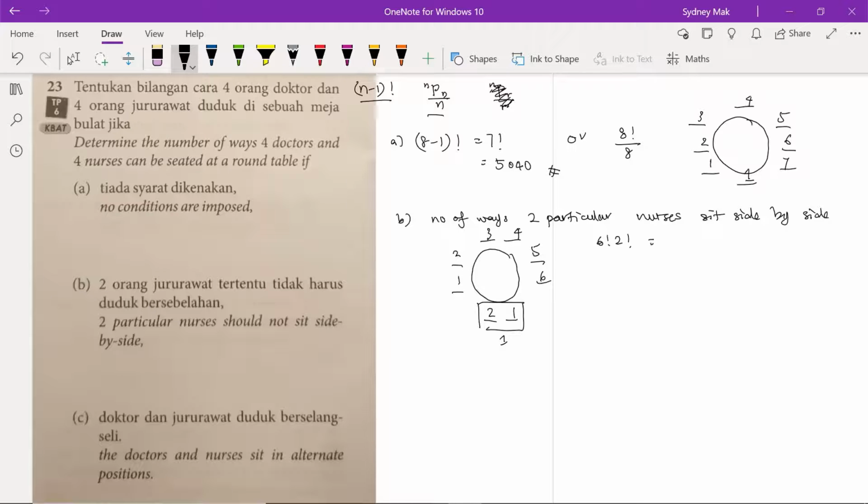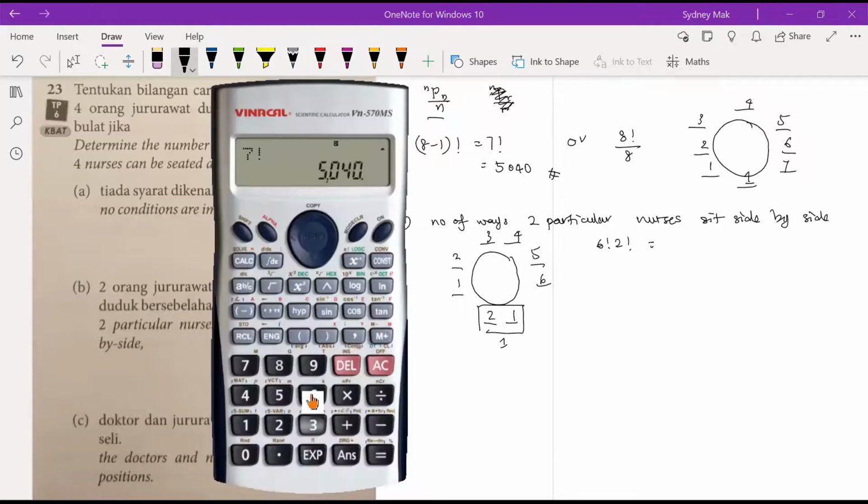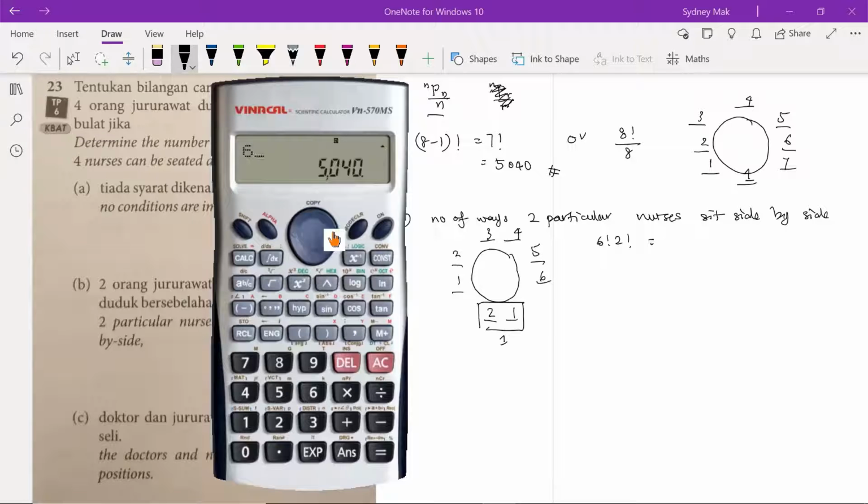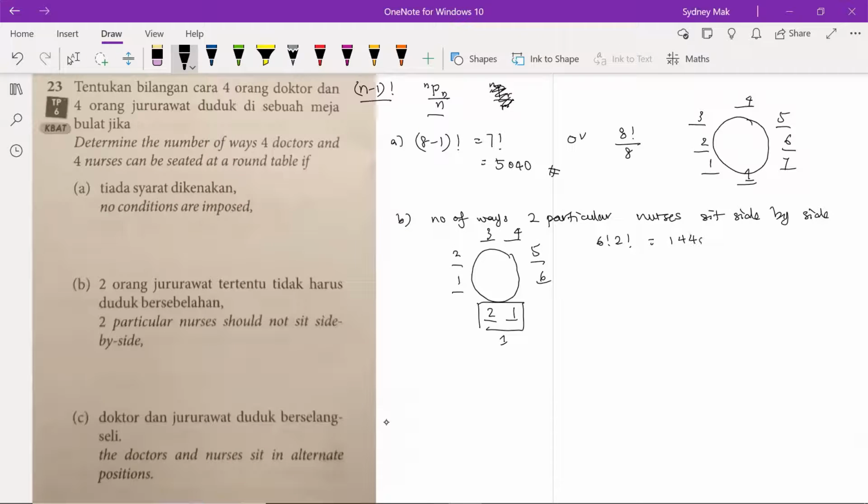So we take 6 factorial times 2 factorial. That gives 1,440. This is when the 2 of them have to sit together, but we don't want them to sit together.